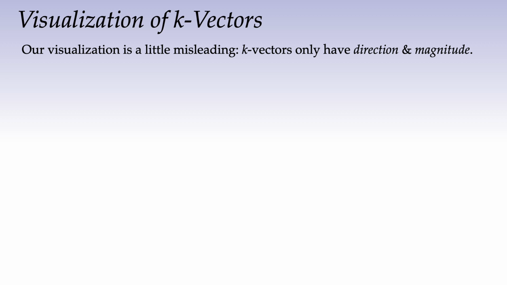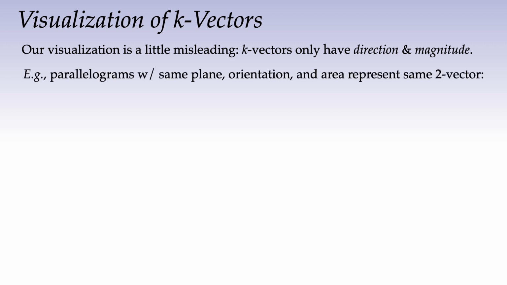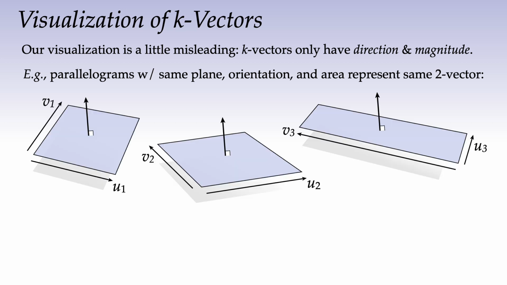So the right way to interpret these pictures is to say, if I see 2 parallelograms and they sit in the same plane and they have the same orientation, like up or down, and they have the same area, then they represent the same 2-vector. So all 3 of these little drawings are really just trying to evoke the same 2-vector.